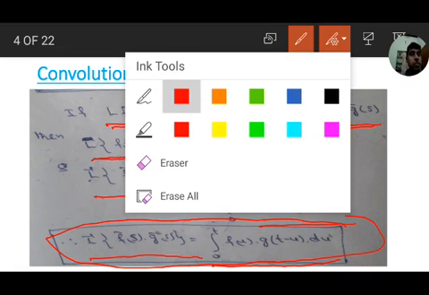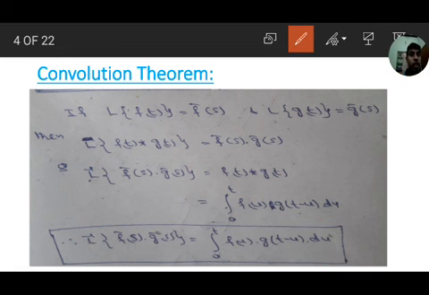Okay, I will repeat. If L of f of t equal to f bar s, L of g of t equal to g bar s, then L of f of t star g of t equal to f bar s into g bar s. That is, L inverse of f bar s into g bar s equal to f of t star g of t, the inverse Laplace transform.